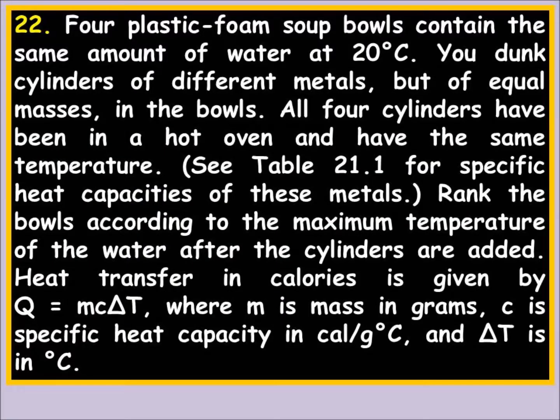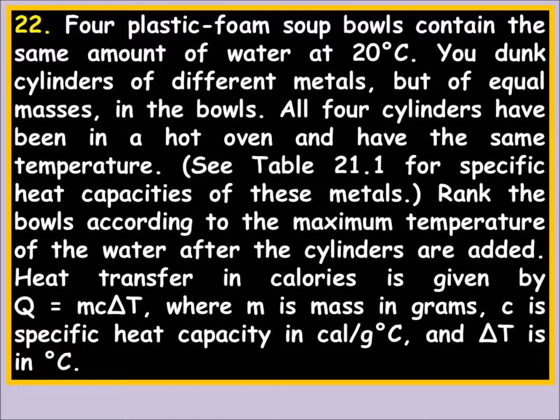Four plastic foam soup bowls contain the same amount of water at 20 degrees Celsius. You dunk cylinders of different metals but of equal mass in the bowls. All four cylinders have been in a hot oven and have the same temperature. Rank the bowls according to the maximum temperature of the water after the cylinders have been added.